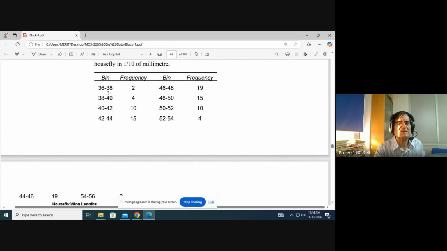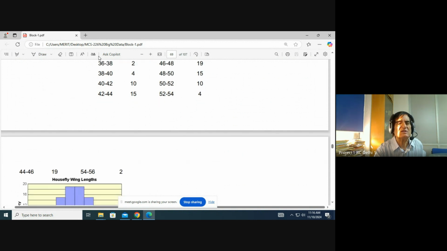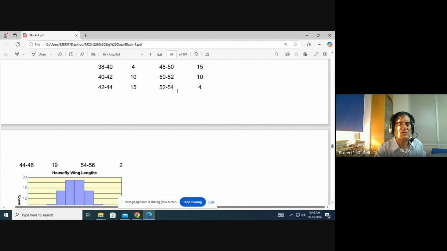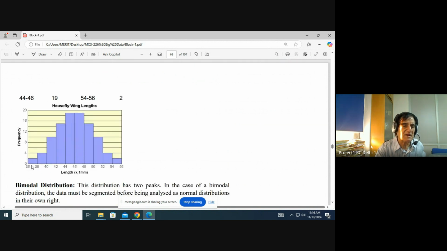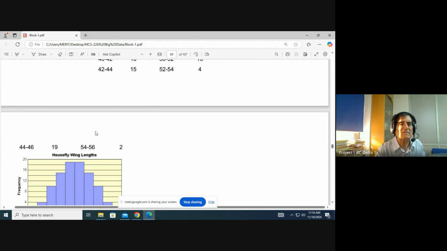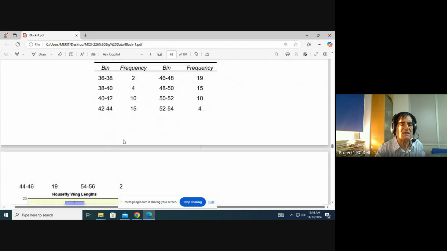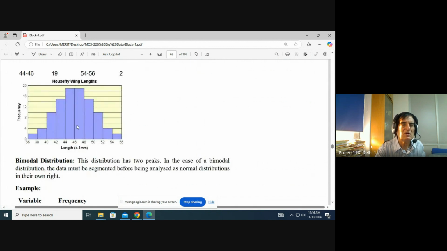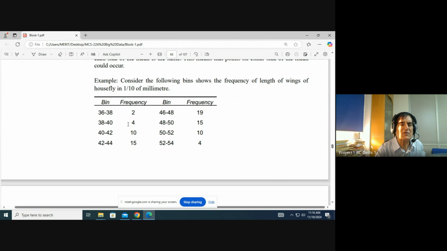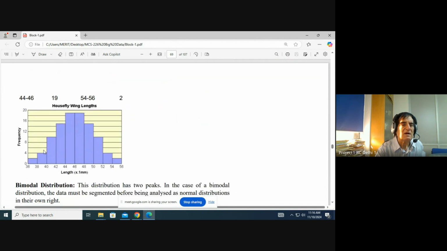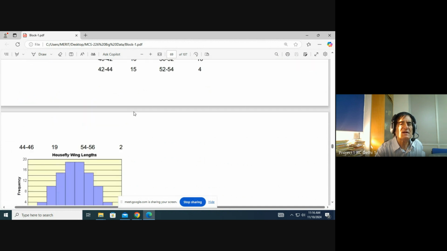For example, these are the bins: 36 to 38, 38 to 40, 40 to 42, 42 to 44. The frequency for 36 to 38 was 2, then the frequency was 4, 10, 15, and so on.